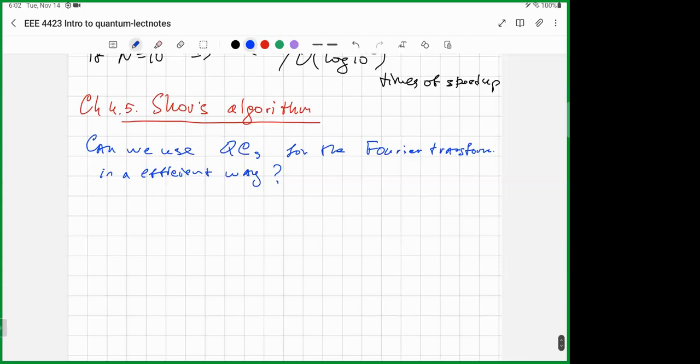And unfortunately, the answer is no, because a simple way to answer this question is to say that for the Fourier transform, we need all the quantum amplitudes.